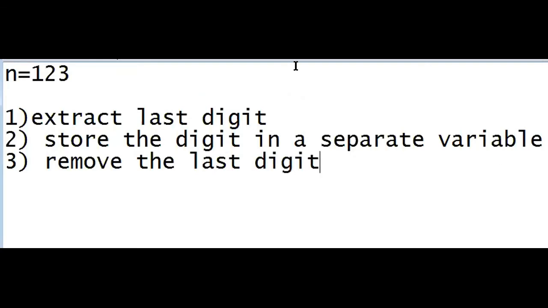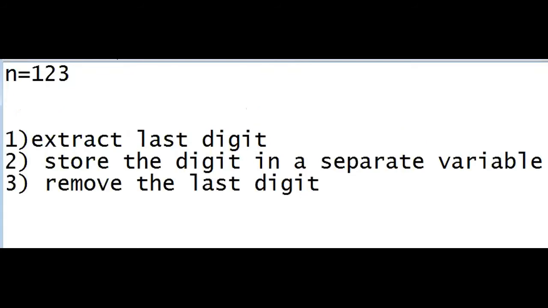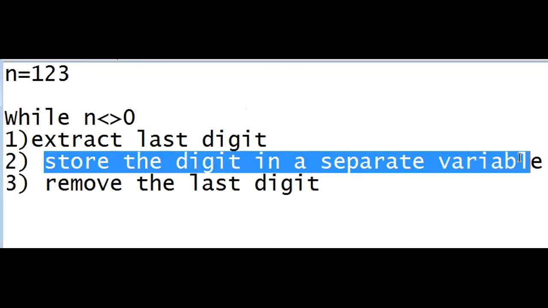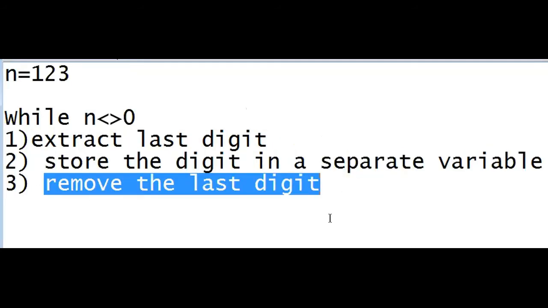So these are the three things that we will be doing, and obviously we will be doing all of them inside a loop, and the loop is a while loop, and our condition, as usual, is the same. Until and unless the value of n is 0, we will continue these three steps: we extract the last digit, we store the digit in a separate variable, and we remove the last digit.